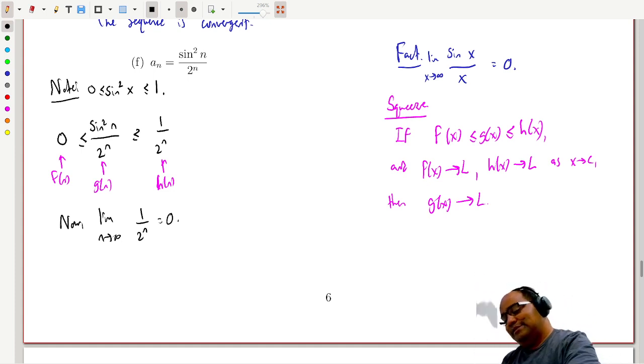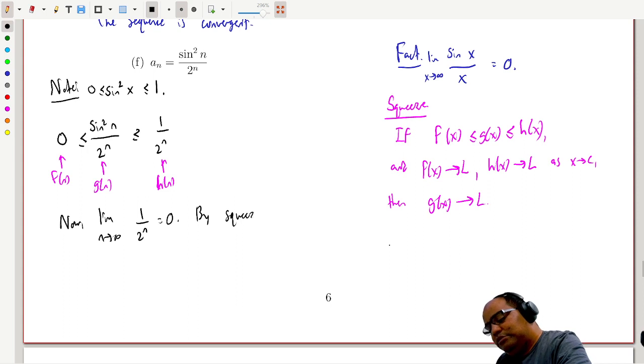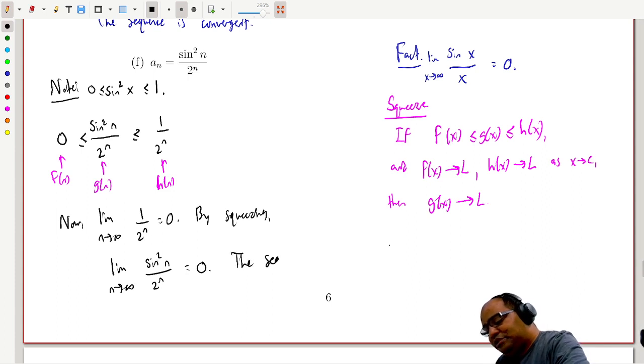So it's got no choice but to be squashed down to 0. So by squeezing, the limit as n goes to infinity of sine squared n over 2 to the n is equal to 0, and the sequence converges.